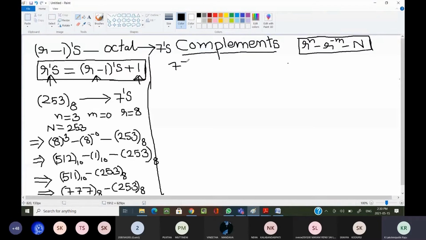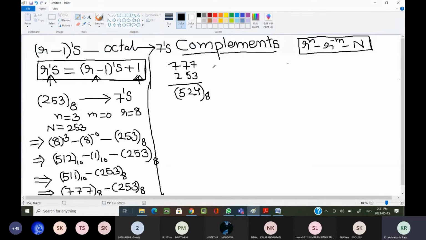We are subtracting 777 with 253. 7 minus 3 is 4. 7 minus 5 is 2. 7 minus 2 is 5. 524 of base 8. This is the 7's complement of the given number.